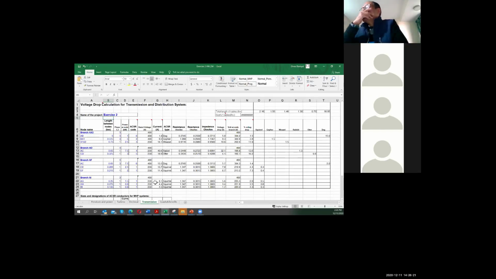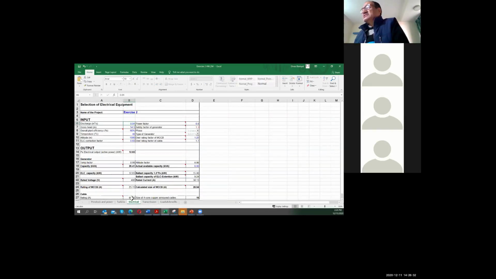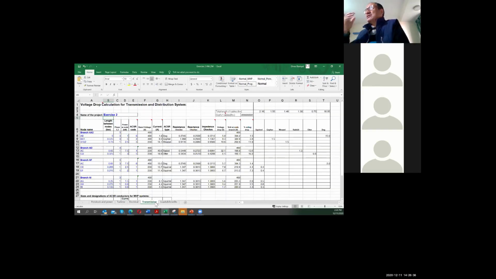Then the next one is, now you have to design the transmission and distribution system. The electrical output from here is at a rated voltage of 400 volts, but you have to supply the power to the customers at 220, 230 volts.